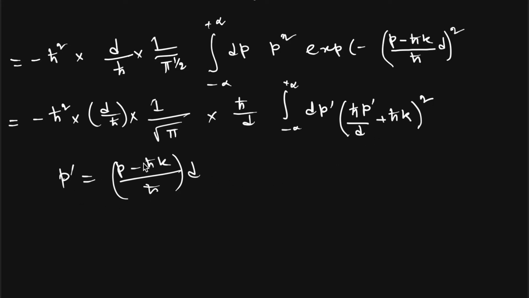That is h cut square p prime square by t square plus h cut square, exponential of minus p prime square.